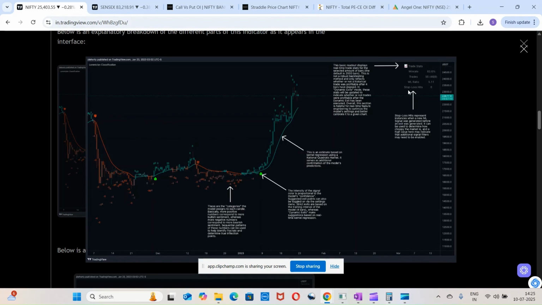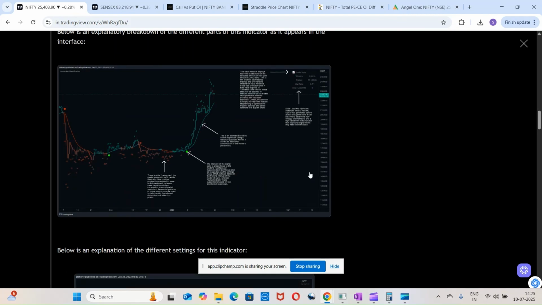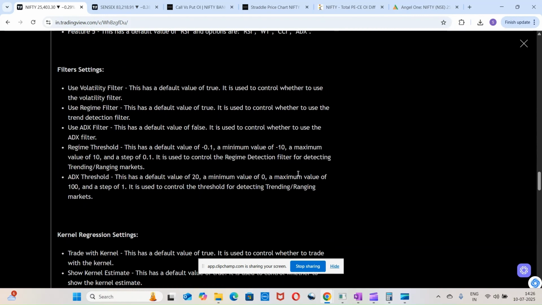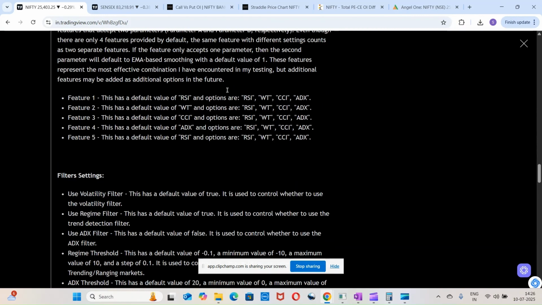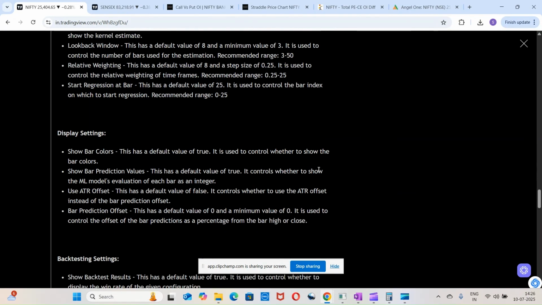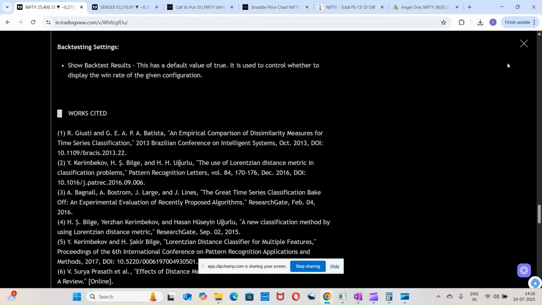It also gives you statistics: when this model is applied on 2000 bars backtested, what the win rate is, how many trades, the win ratio, and stop loss hits. It uses a lot of features like RSI, CCI, and ADX. So this is the Lorentzian classification, guys.